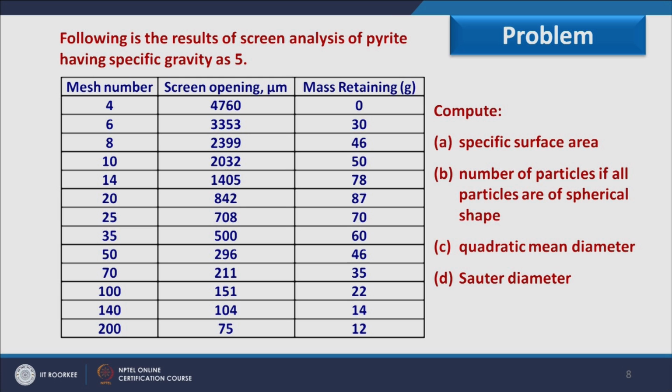Now, to calculate the specific surface area, number of particles or quadratic mean diameter, first of all we have to calculate the average diameter of the particles in a particular fraction. For calculation of average diameter, we should know from which screen the material passed and on which screen it is retained.